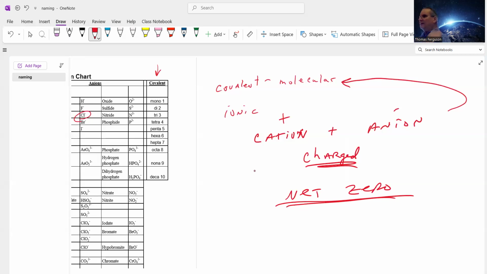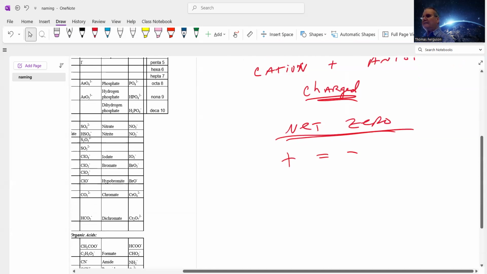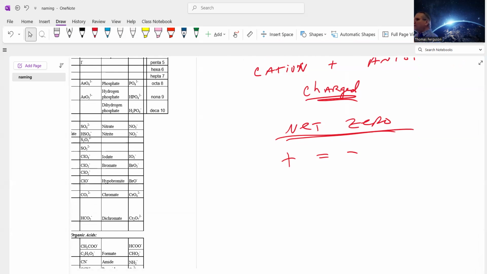That means the positives are equal to the negatives. So when we look at two charged particles, most of the time the charges are not equal. So we've got to play with them to make them that way. Now, let me give you the simplest example.